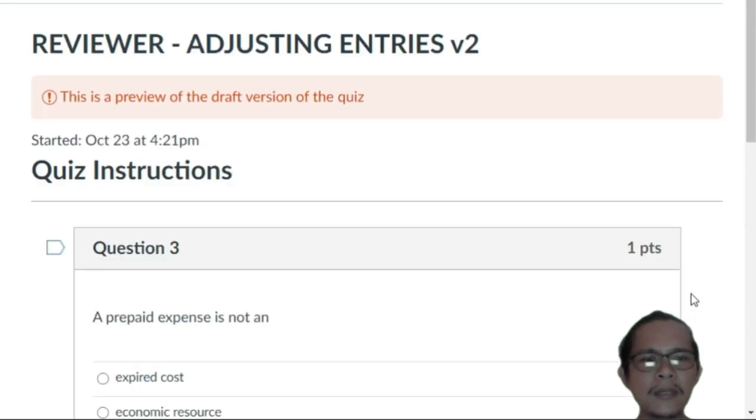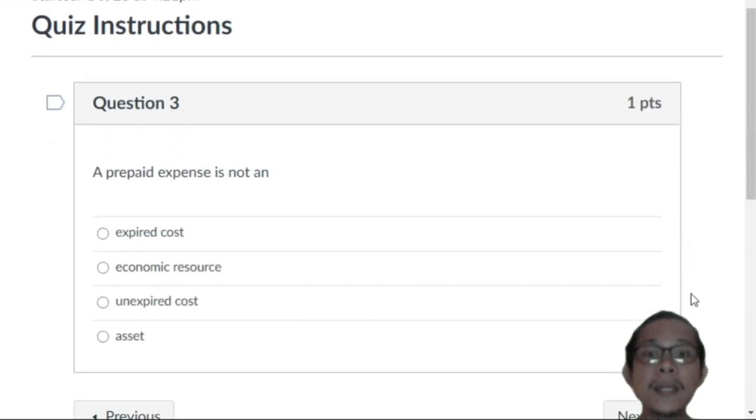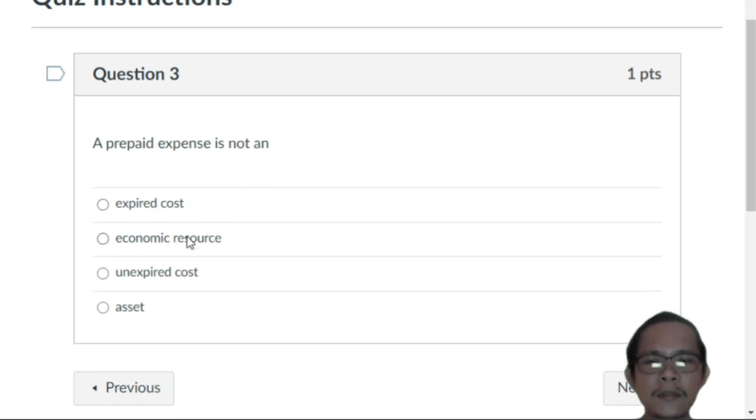For question number 3, the question is, a prepaid expense is not an expired cost, an economic resource, an expired cost, or asset. Ang tinatanong, ano yung hindi? Expired cost. Ano yung expired cost? Di ba? Ang prepaid expense, during adjusting process, tinatransfer natin yung nagamit na portion from the balance sheet papunta sa income statement.